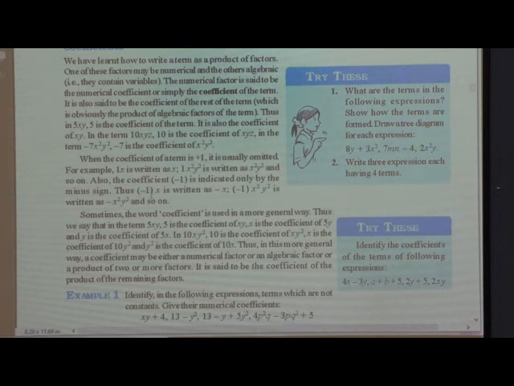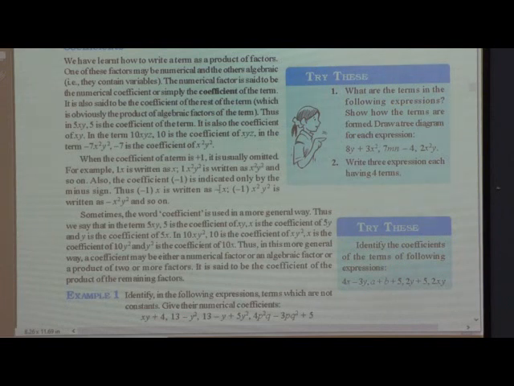Thus, minus 1x is written as minus x. We don't write 1 when we have only one term, or we can say as a coefficient we don't express it as 1. We write only the variable.